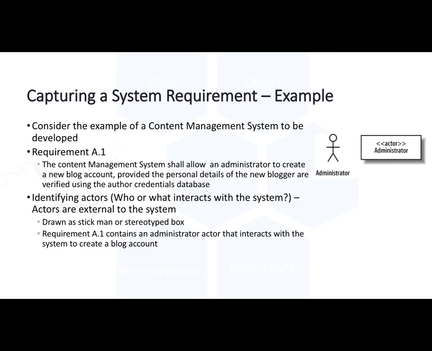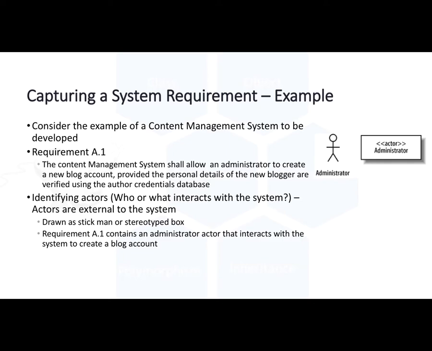So let's use an example to help us look at different parts of a use case model. We're going to talk about a content management system that needs to be developed. Our first requirement, called A1, is: the content management system shall allow an administrator to create a new blog account, provided the personal details of the new blogger are verified using the author credentials database.